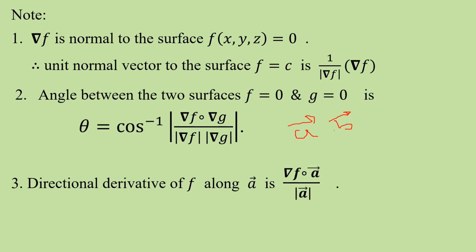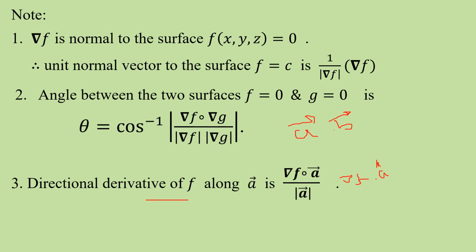Now if I ask in which direction the directional derivative of f is maximum, since you know that this is nothing but del f dot a cap, that is dou f by dou a, because it is the rate at which f of x comma y comma z changes in the direction of a.